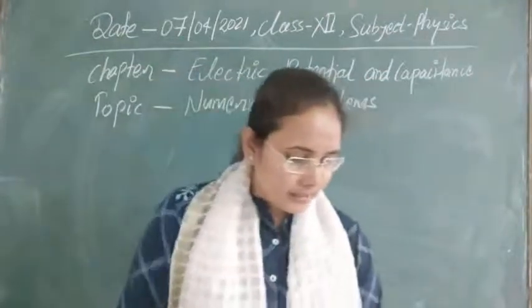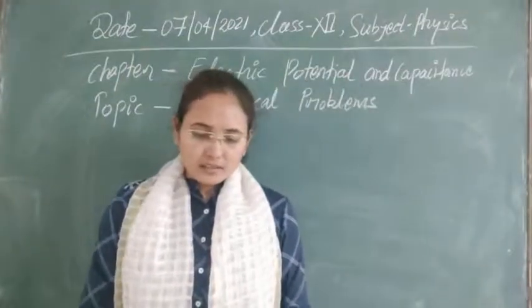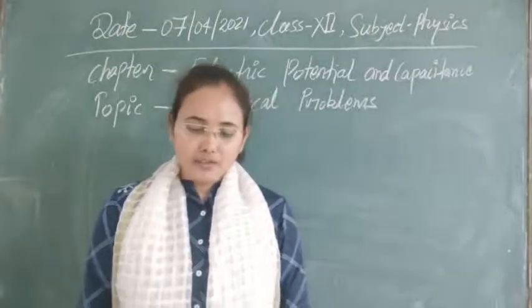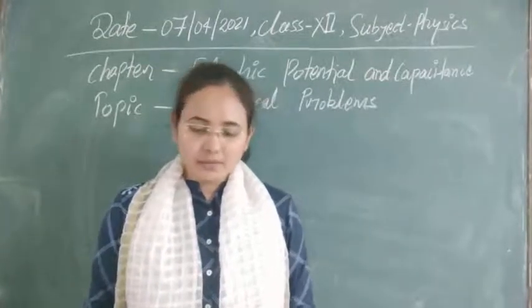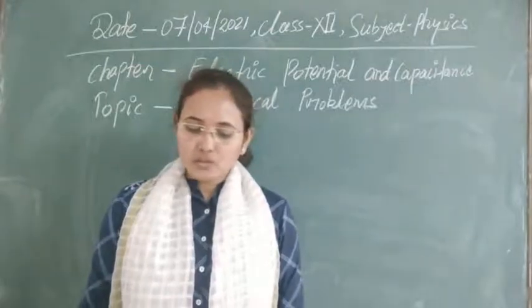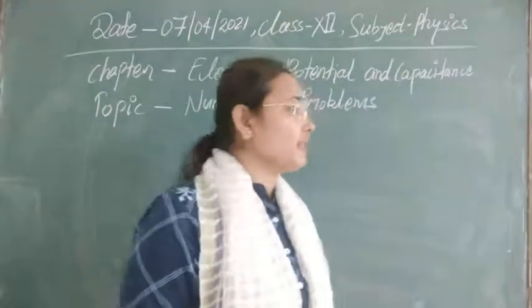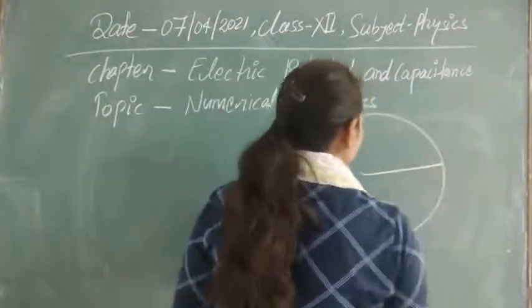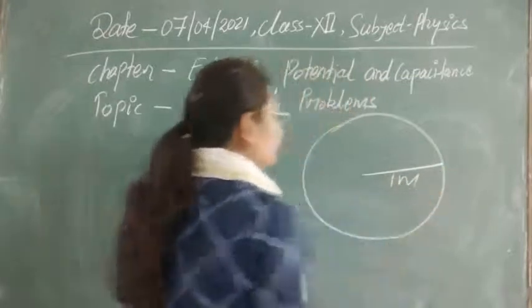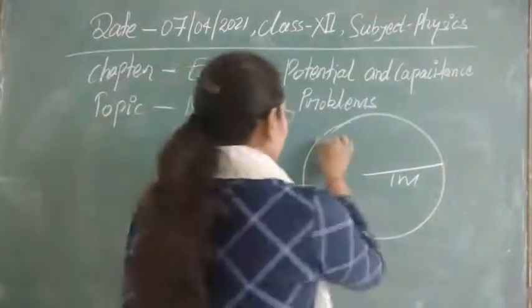So let's take the first question. The charges Q1 is equal to 3 microfarad, Q2 is equal to 4 microfarad and Q3 is equal to minus 7 microfarad are placed on the circumference of a circle of radius 1 meter. So here we have a circle and its radius is 1 meter, and there are three charges Q1, Q2 and Q3.